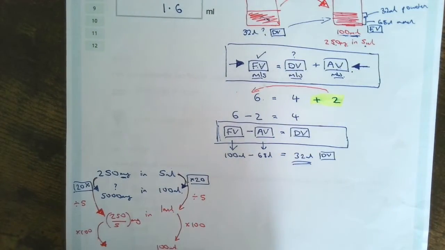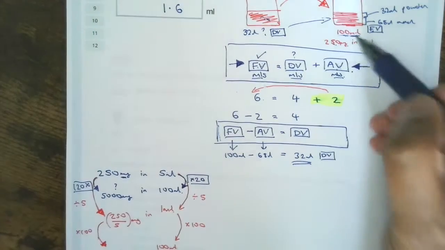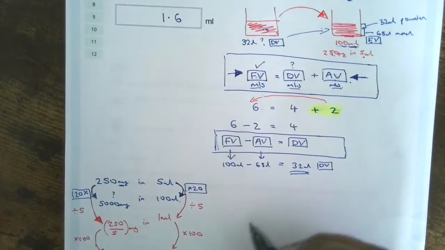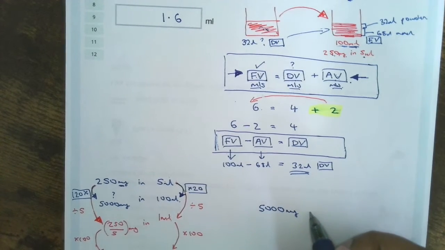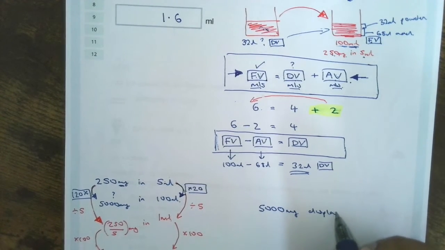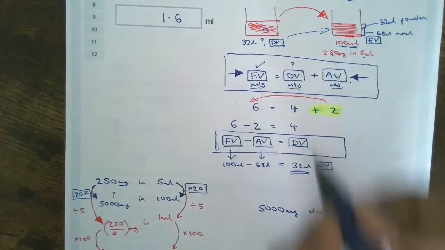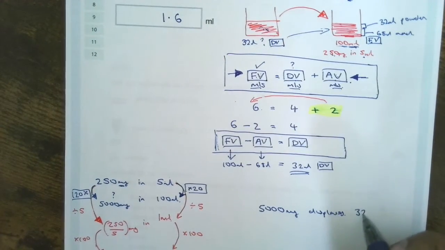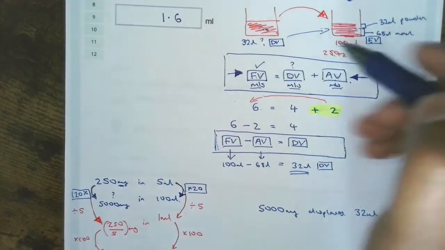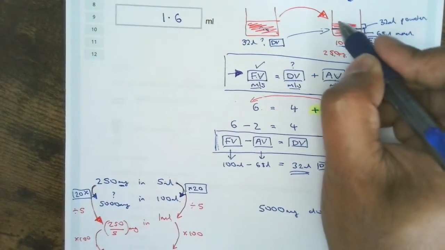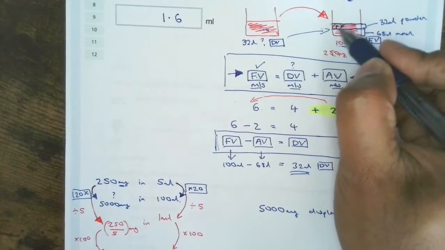So now that we've calculated the number of milligrams that's in the final solution, what we can say is that 5,000 milligrams displaces 32 mils. Because we know that in here the displacement volume is 32 mils, so the powder is taking up 32 mils of space.